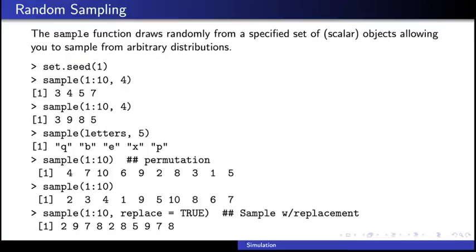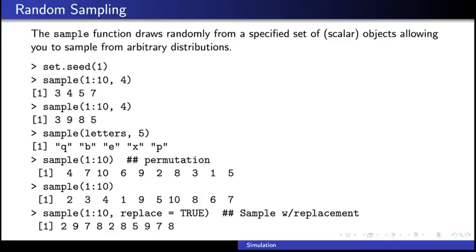So here, for example, I'm going to sample from the integers 1 to 10. So I pass it the vector of integers 1 through 10, and I tell it that I want to sample randomly 4 of them without replacement. So I'm just choosing 4 random entries from 1 to 10, and here I get 3, 4, 5, 7. If I do it again, I'll get 3, 9, 8, 5. So in this example, I won't get repeated numbers because I'm not sampling with replacement.